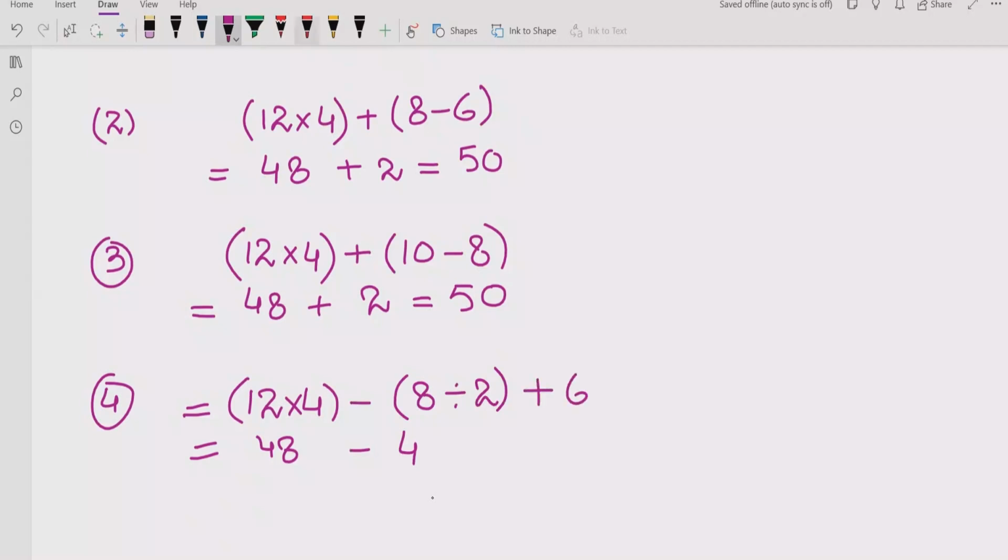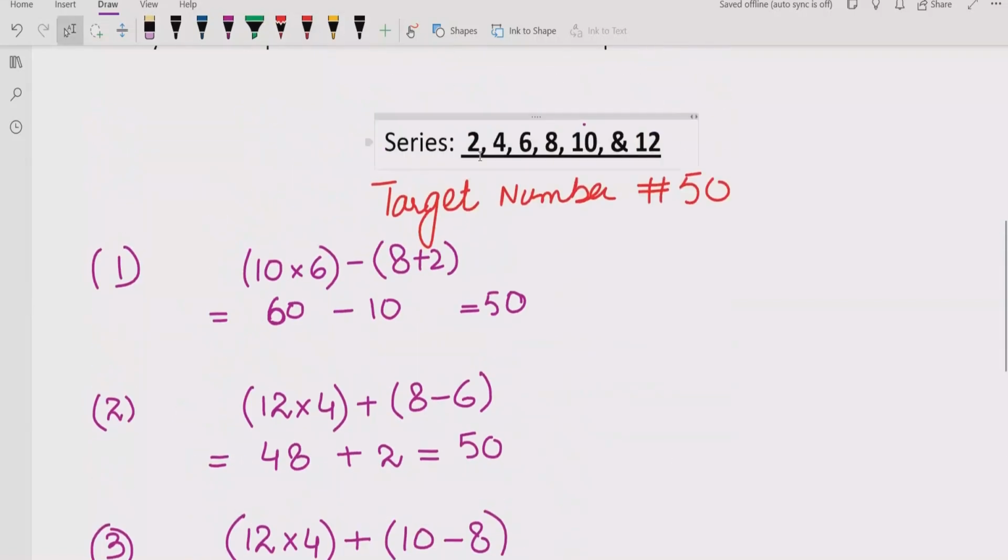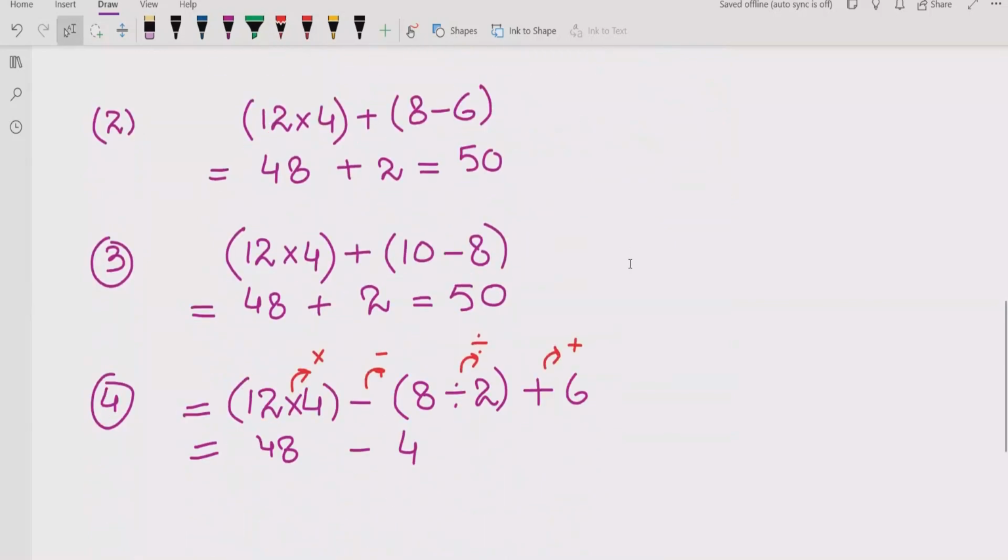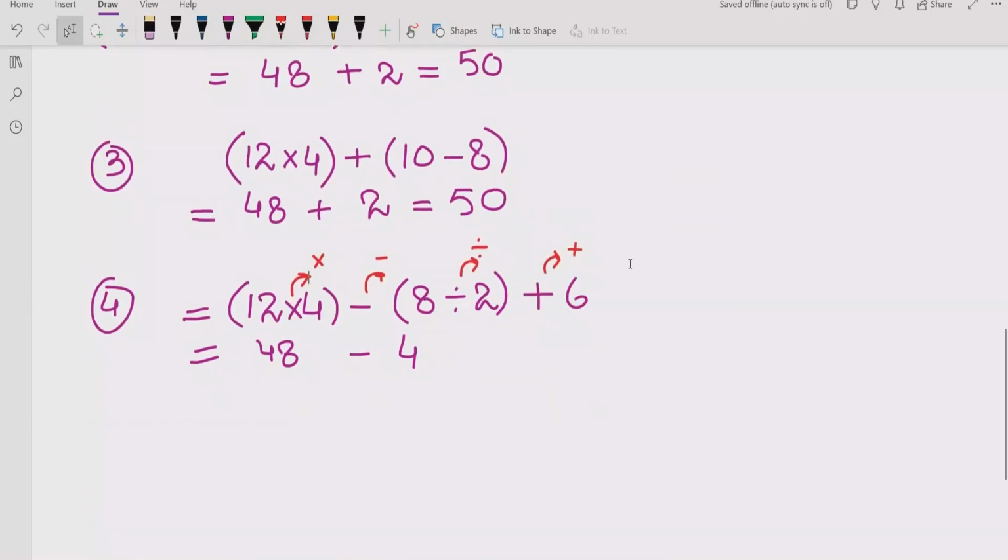So here we apply all four operations, plus, division, subtraction and multiplication, and all the numbers are different. If you see the series 2, 4, 6, 8, 10, and 12, we apply all numbers except 10 here.